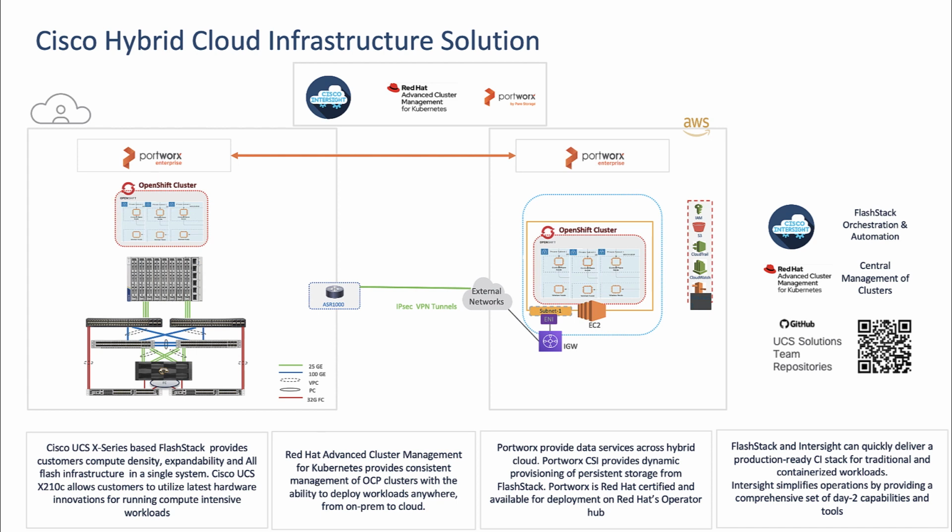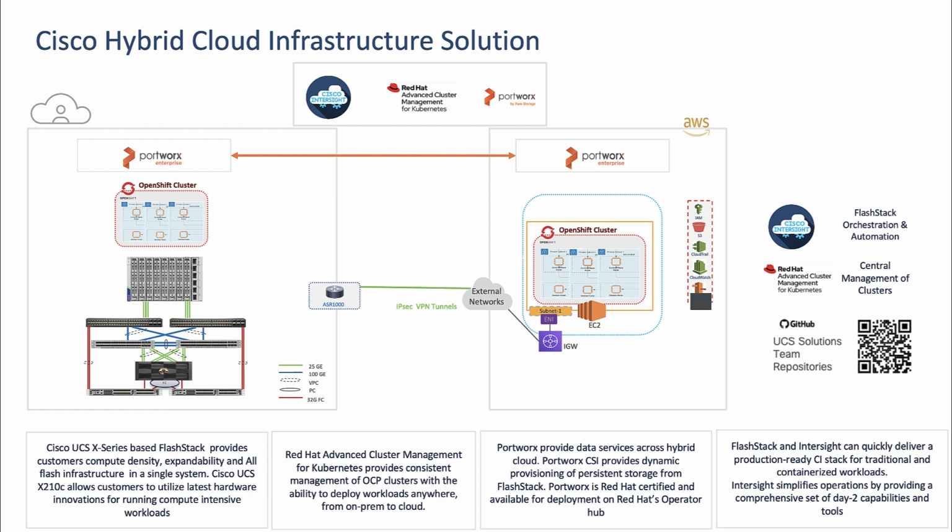Control plane and worker nodes in OpenShift on-prem are deployed on UCS X210c compute nodes. The cloud deployment includes Red Hat OpenShift Service on AWS, a fully managed turnkey application platform. Two redundant IPsec VPN connections provide secure connectivity between the cloud-native environments. The VPN connections are between two CSR 1000V routers on-prem and transit gateway routers in the public cloud.